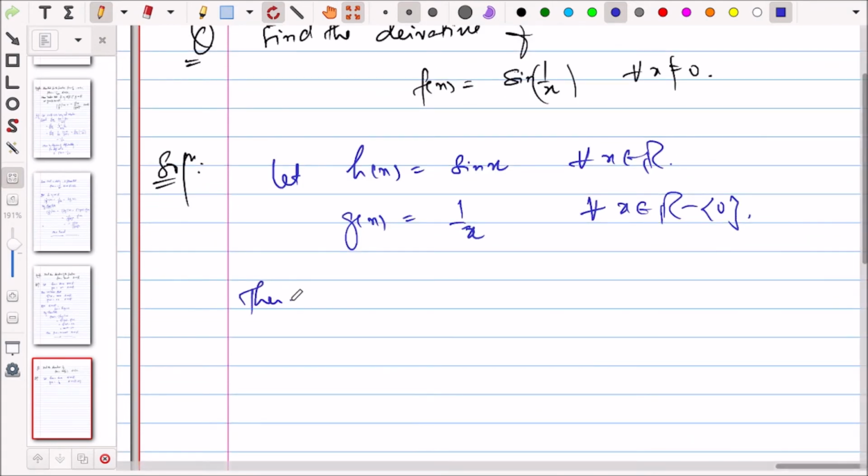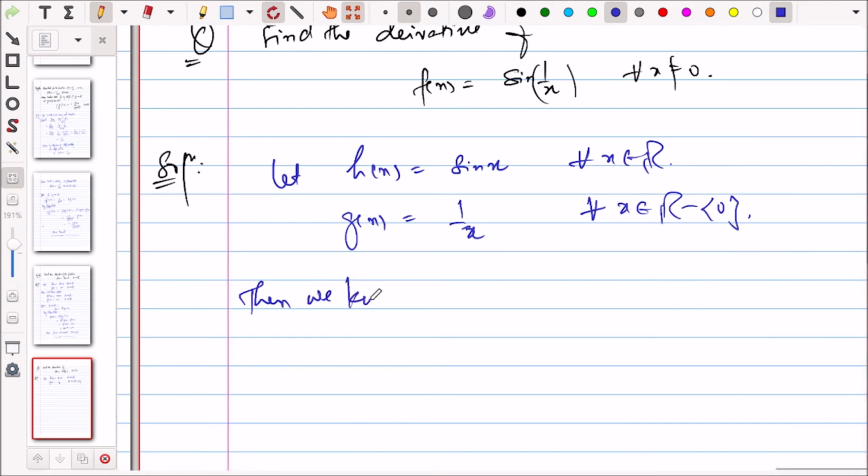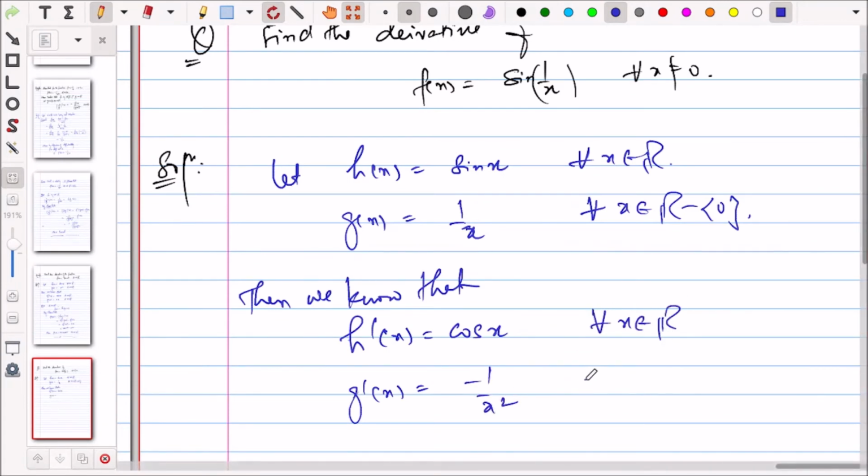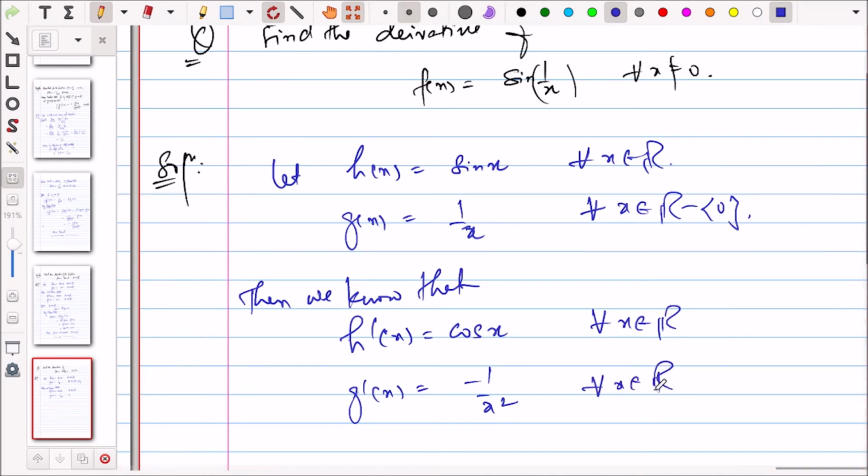Then we know that h dash x is equal to cos x and g dash x is equal to minus 1 by x square. Right?